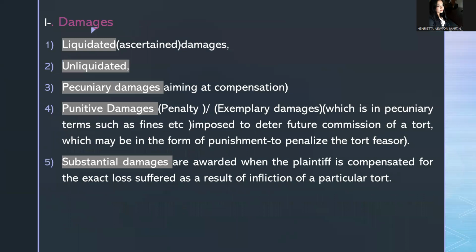What are the types of damages? You'll have different types of names. Even if you go to some other textbooks, you'll have different names. But practically and largely speaking, in a broader perspective, there is liquidated damages. Liquidated damages means certain damages.